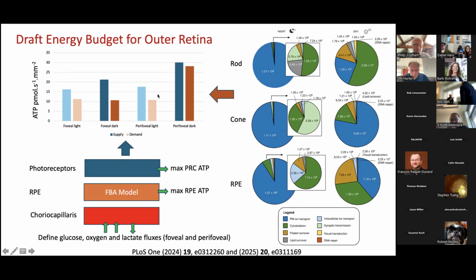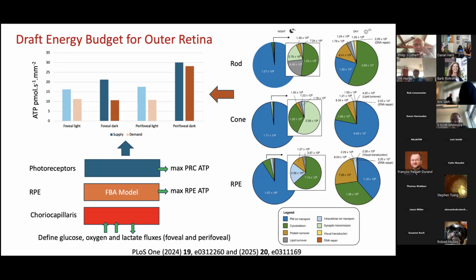And then on the other side of the budget, we tried to work out how much ATP could be delivered in both the foveal region and in the perifoveal macula, where the rod density is high. And we use flux balance analysis purely to define the ATP production from measured glucose, oxygen, and lactate fluxes. And so this depended on the Wang study from '97 and from the great stuff coming out of Rob Linsenmeier's lab.